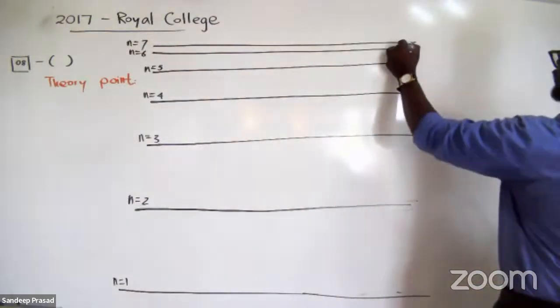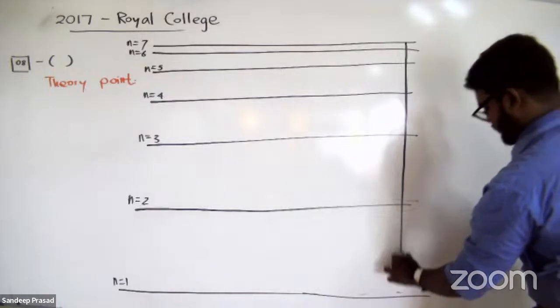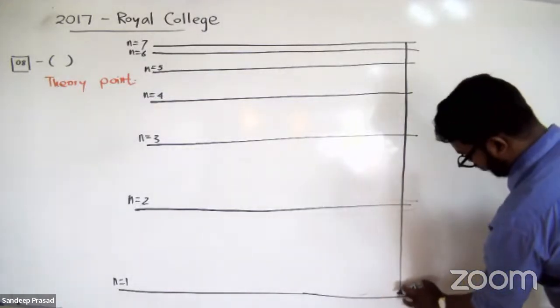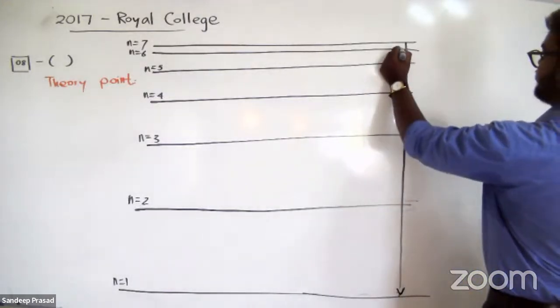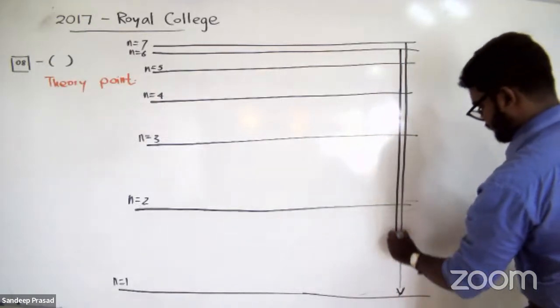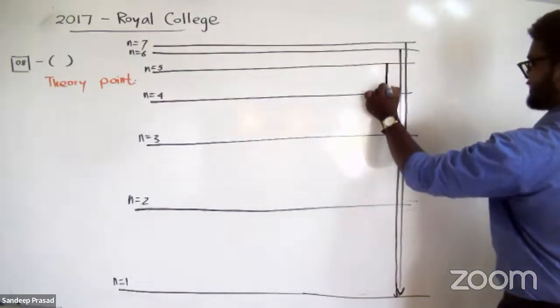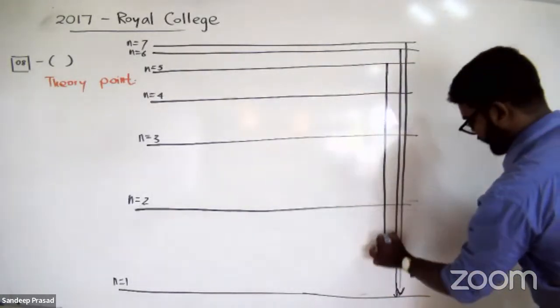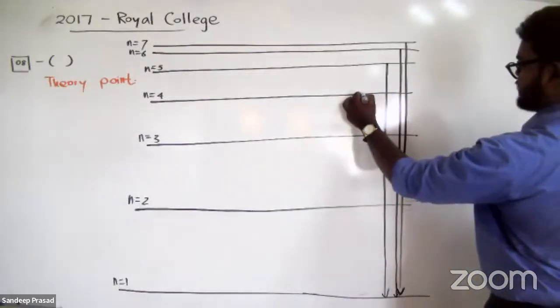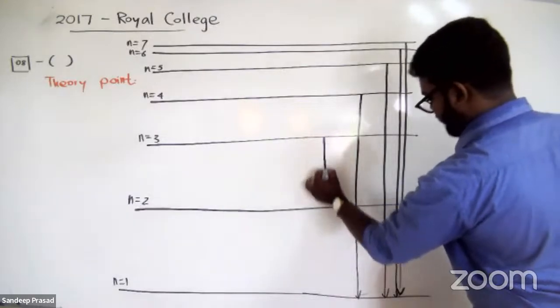Energy levels. All the electron transitions which fall to the first principal energy level belong to which series? Lyman. All the electron transitions possible to the first energy level are considered the Lyman series. Can you remember that?